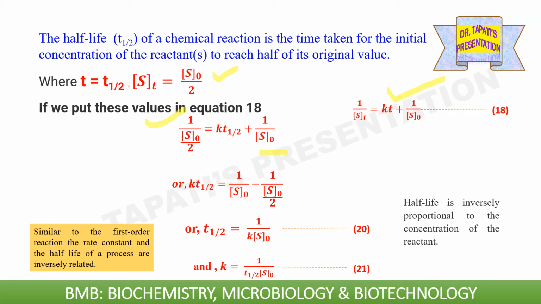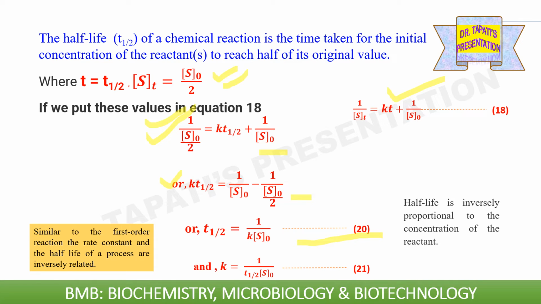We are putting T half and St, that is S0 by 2 value, and we are getting this equation. Or we can write this equation this way: K T half is equal to 1 by S0 by 2 minus 1 by S0, or T half is equal to 1 by K S0.